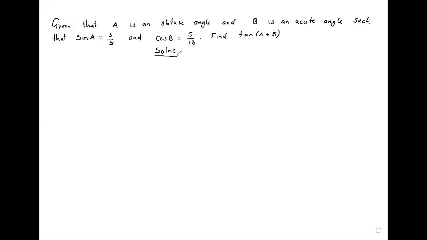Good. So given that A is obtuse, what that means is this. The triangle A would make, since it's obtuse, will be in the second quadrant. So this is what it means to be obtuse.